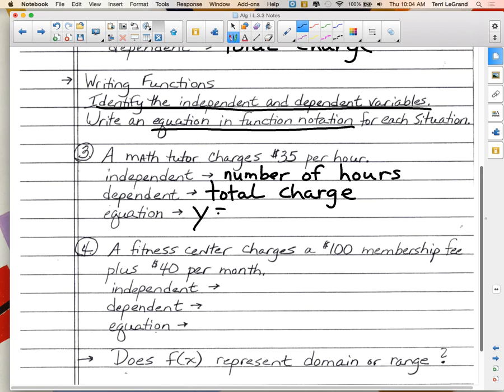We're going to get it by doing what? Let's see, what's the function rule? Take the number of hours times 35. Yeah. What would that look like then? 35x.